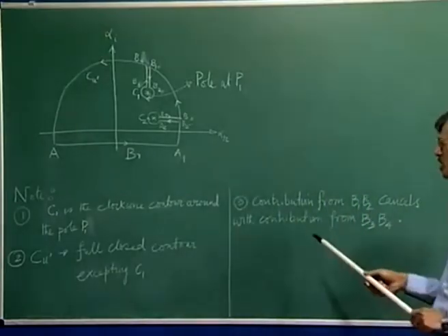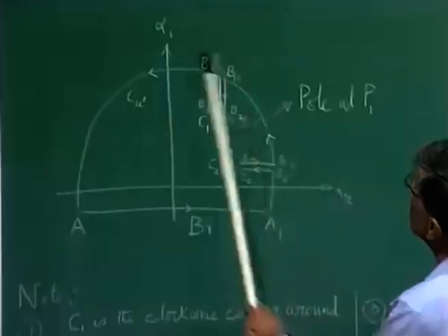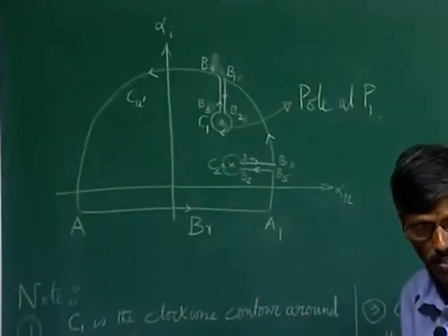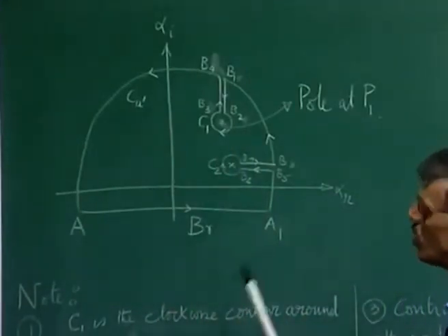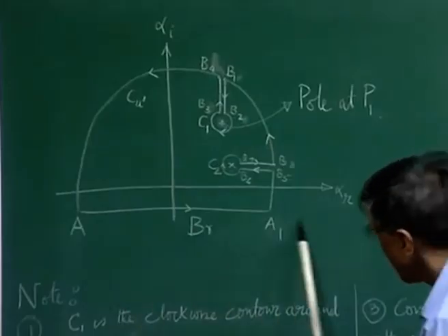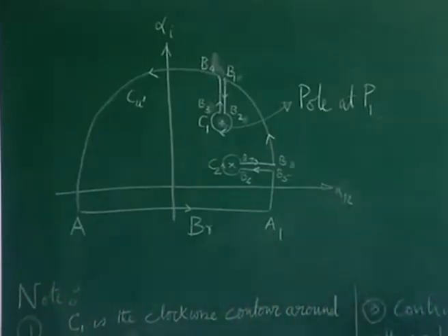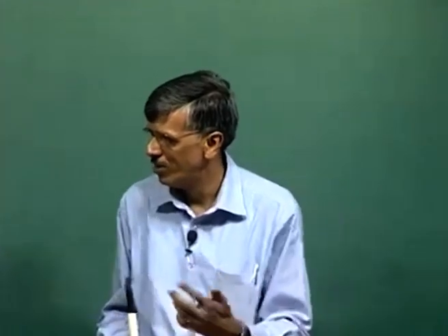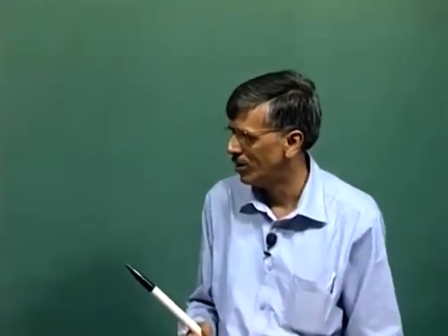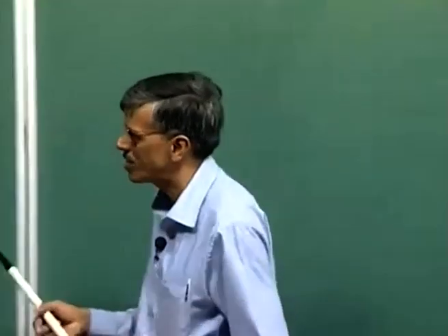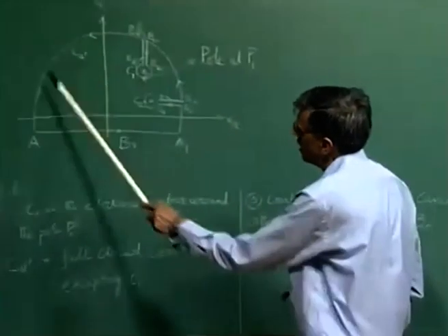Now, if the contribution coming from this semicircular arc is 0, then of course, whatever we have calculated is nothing but the integration over the Bromwich contour, right. We will come to that. This is an intriguing development that is going to take place. We want to see what happens. So, at this point in time what we are saying is that if I do this I will get this.